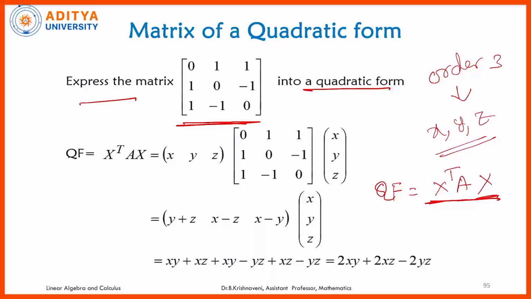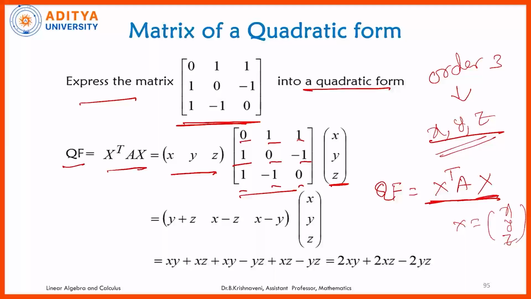So let x, y, z be the 3 variables of the given quadratic form, and we know that the quadratic form is given by x transpose Ax. Since we have taken X as column x, y, z, its transpose is row x, y, z. The matrix is 0, 1, 1, 1, 0, minus 1, 1, minus 1, 0, and then column x, y, z.